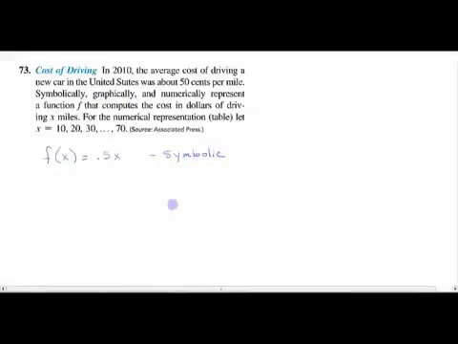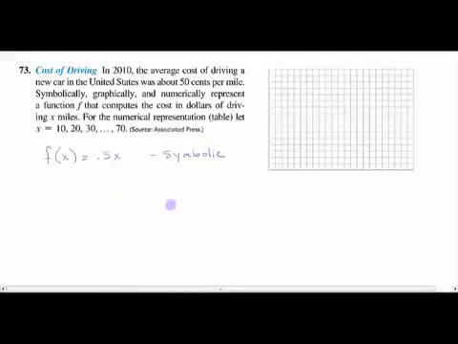And let's represent this graphically. Here we have a graphing grid, and along the x-axis is going to be our x miles. So x is in miles, and the y-axis is going to be the cost.